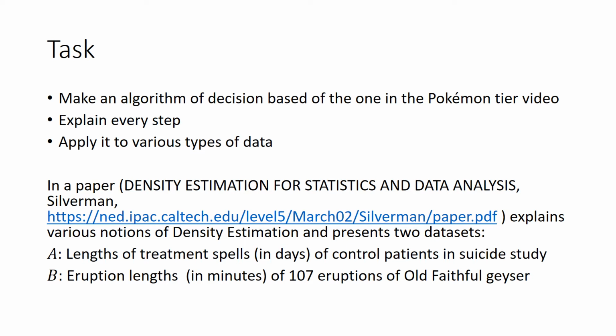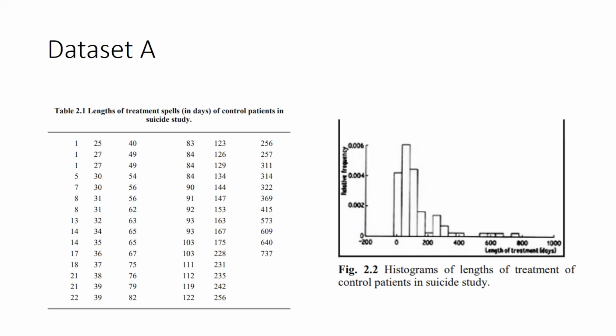So this paper was really interesting because it was talking about how to represent some kind of data, and I thought it was a good idea to use this example as a kind of verification of my algorithm.